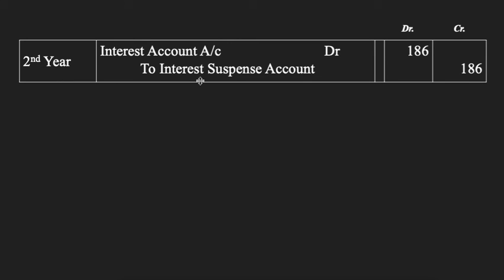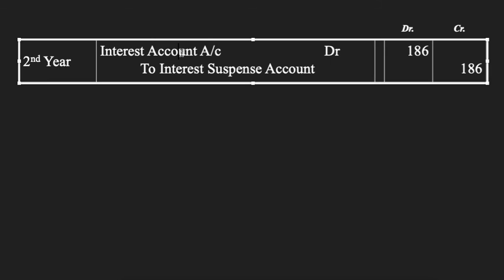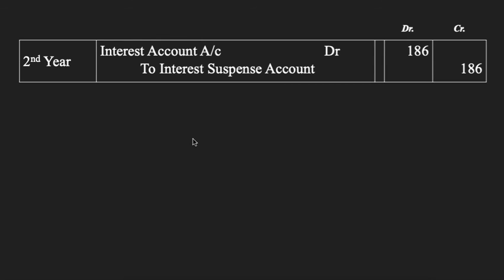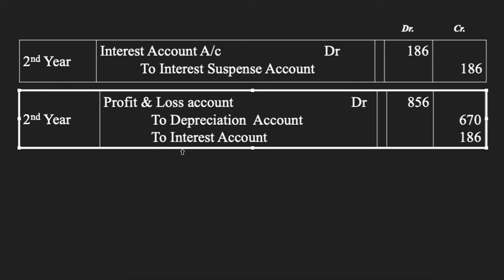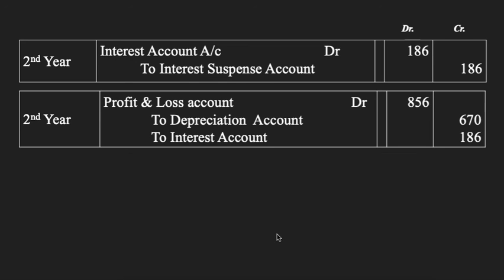This is the transfer of interest to interest suspense account. Then we transfer both expenses, interest as well as depreciation, to the profit and loss account: profit and loss account debit to depreciation account and interest account, and the amount is 670 plus 186, a total of 856. So this is for the second year.